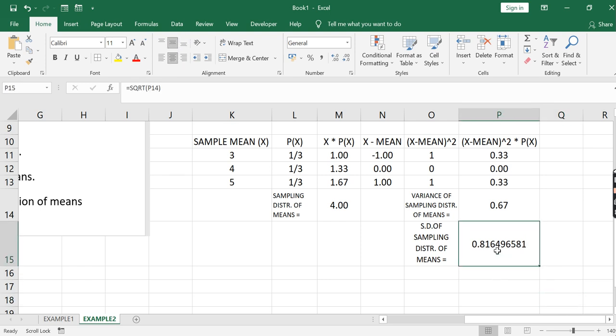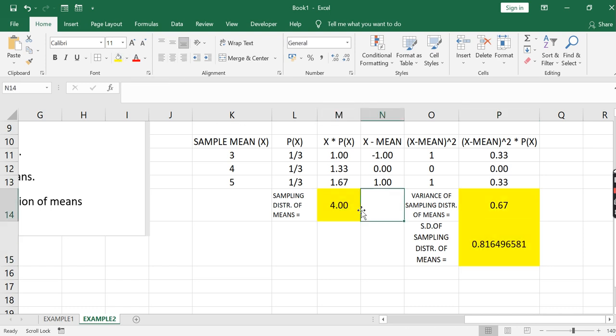In two decimal places, that's okay. So that's how you get the mean, the standard deviation, and the variance of the sampling distribution of means. Again, we call it the sampling distribution of means because the value of x here came from the mean of the sample.